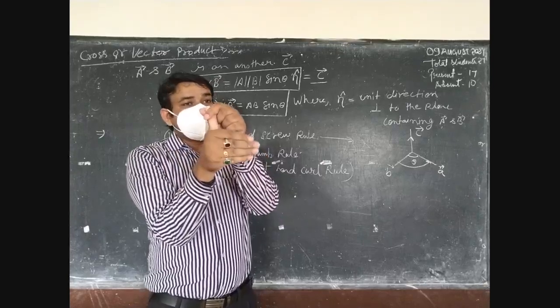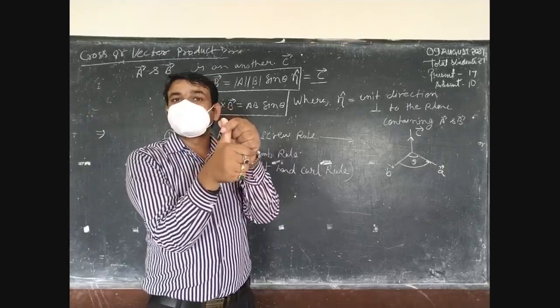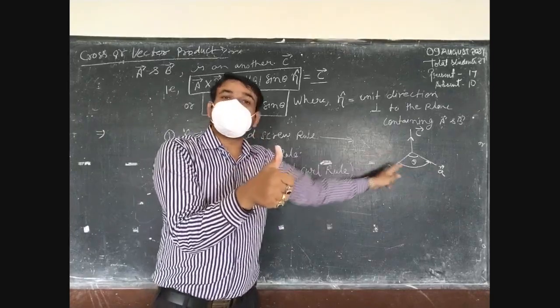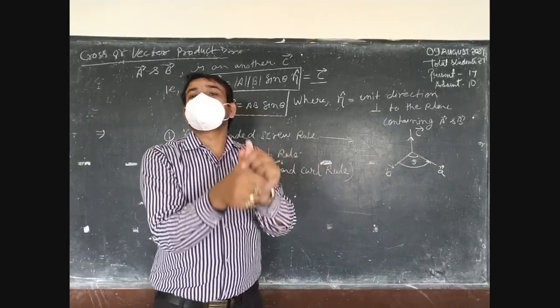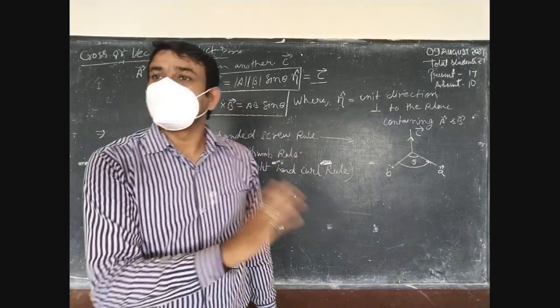When we curl our fingers from vector A to B, then the thumb gives the direction of vector C.